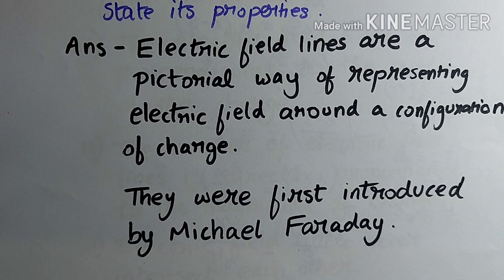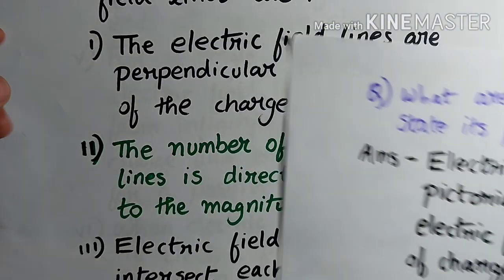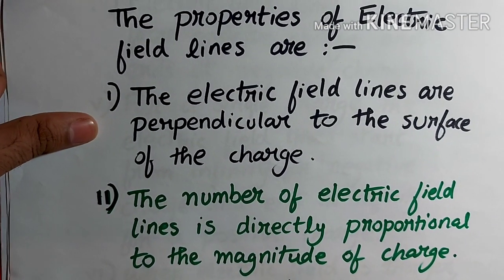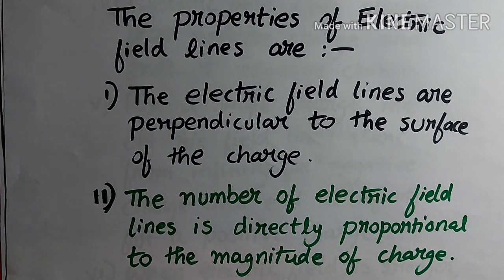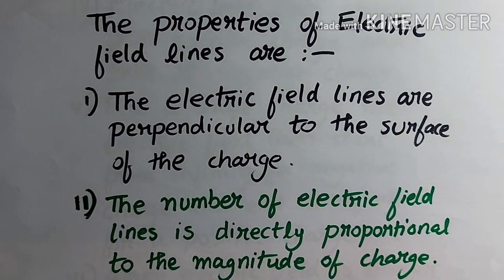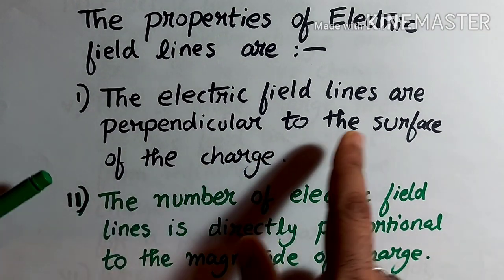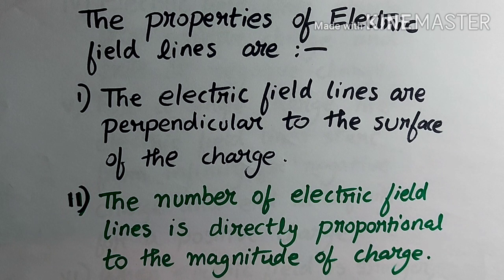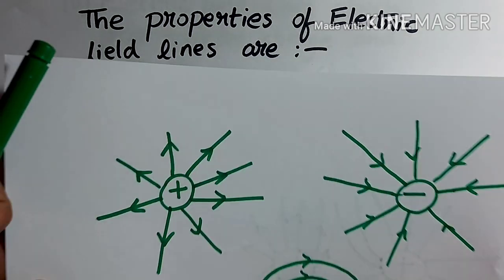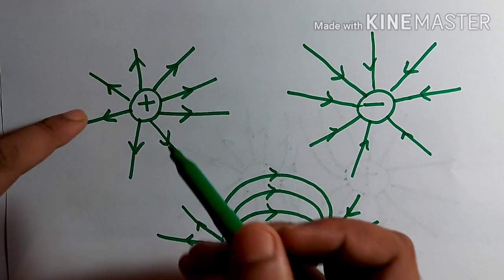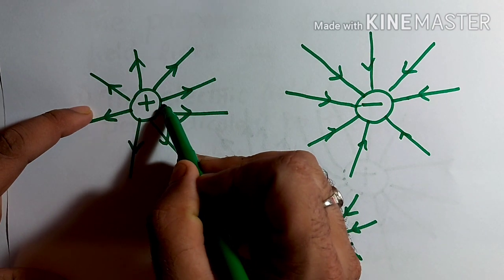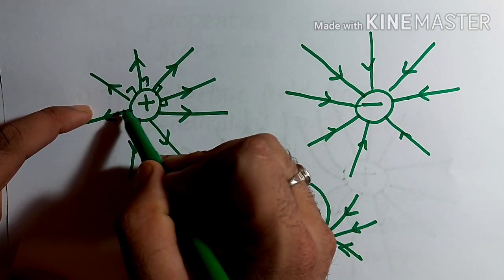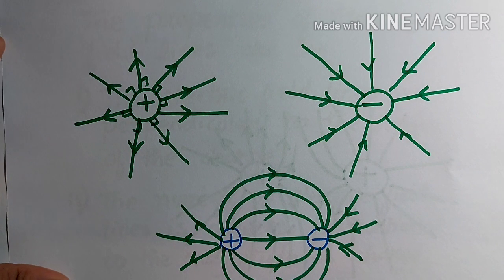The first property is that the electric field lines are perpendicular to the surface of charge. How? You have seen in the figure that for a positive charge, the field lines come out of the charge, and you notice that these field lines are perpendicular to the surface.